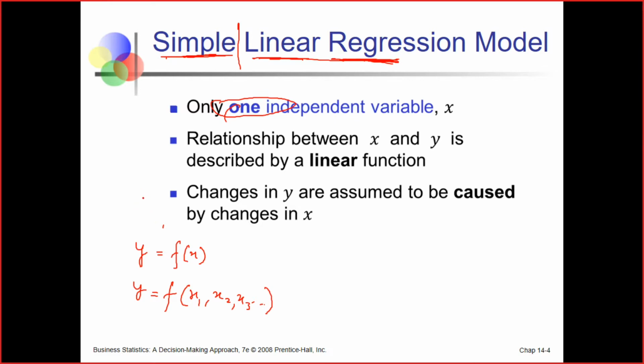So here first we learn simple linear regression, where we have only one independent variable, and then find the relationship between x and y with the linear function. Please understand the meaning of each and everything. Simple means only one independent variable, linear means a linear function, and then we'll try to create a relationship between y and x.